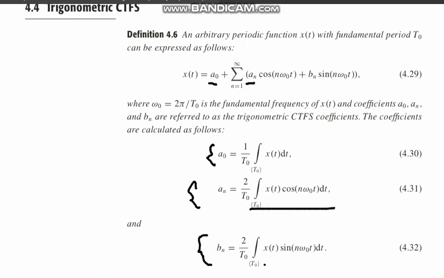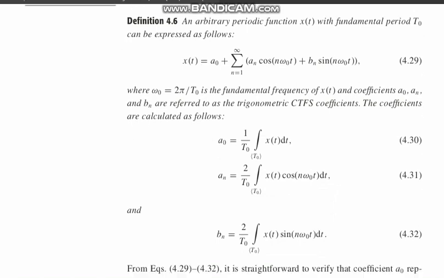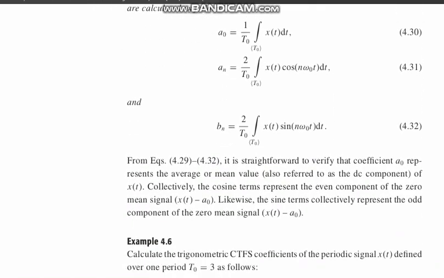This equation and that equation are quite similar, but a n is related to cosine, so that will be the integration with the cosine, and bn is related to sinusoidal expressions. So here the sinusoidal term comes into action. The formula is quite the same, 2 divided by t naught. That is the basic definition that you have to know to solve the mathematics gradually.